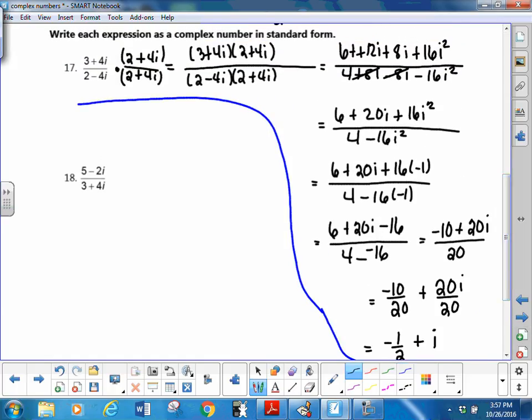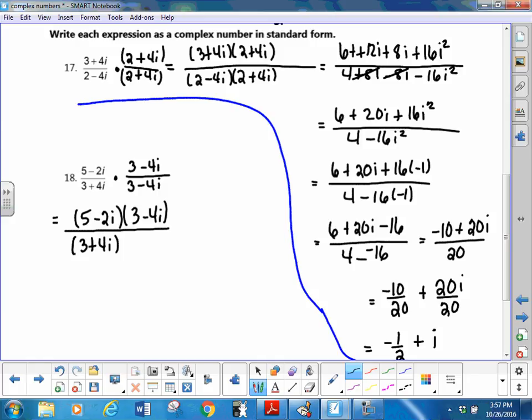So let's look at 18. Again, we don't want that I in the denominator, and the way that we work around that is multiplying by its conjugate. And what you multiply by the denominator, you also have to multiply by the numerator. Otherwise, you change something. So let's do that little bit of math. We're going to do 5 minus 2I multiplied by 3 minus 4I on top.